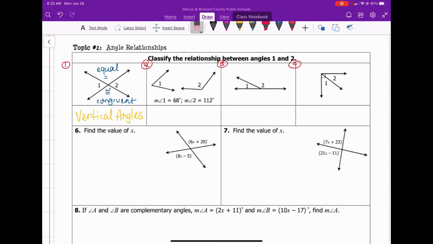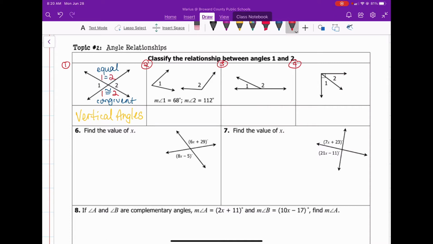And the congruent, let me make sure that comes out to be correct with the little squiggly line like that. So angle 1 is equal to angle 2, or angle 1 is congruent to angle 2. Or angle 2 is congruent to angle 1. Okay.